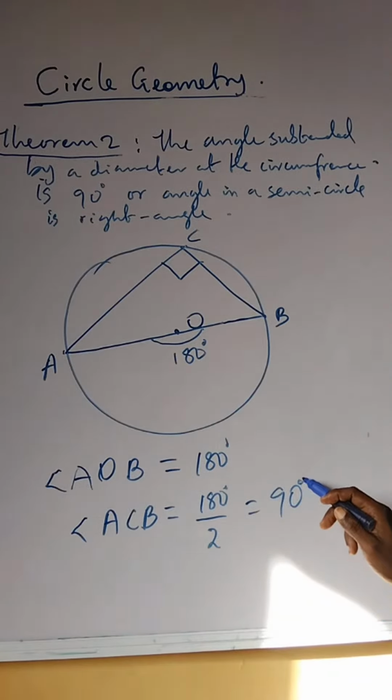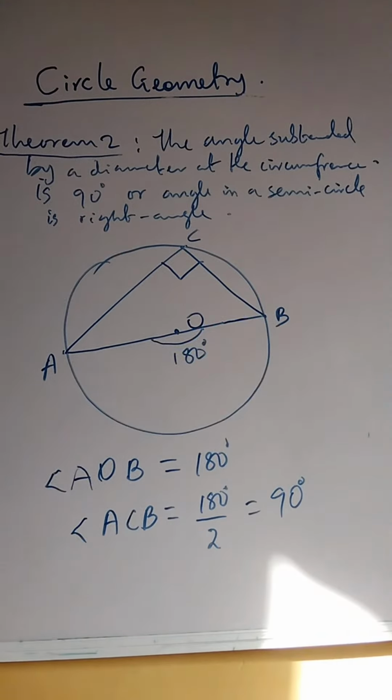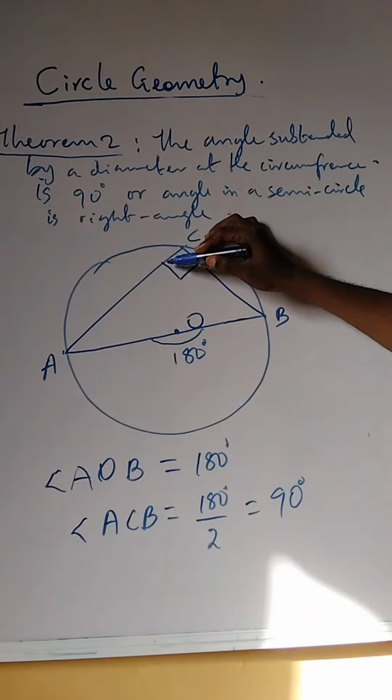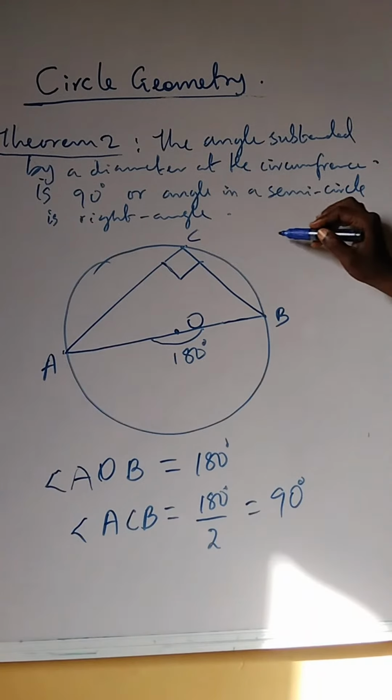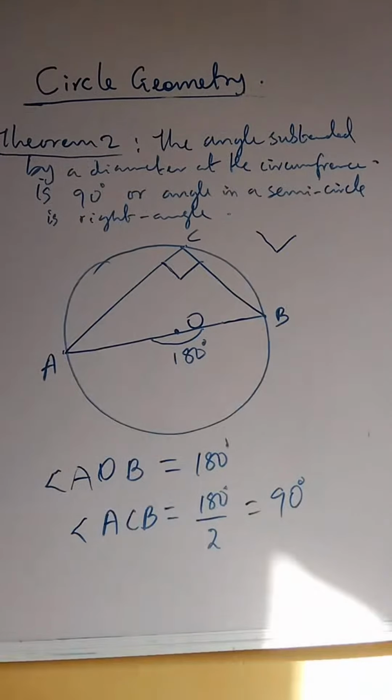That is why whenever we have an angle by a diameter at the circumference, that angle is automatically 90 degrees. And this is the symbol for 90 degrees, like a square corner. So you don't need to write it sometimes. You just see that symbol and you already know that the angle is 90 degrees.